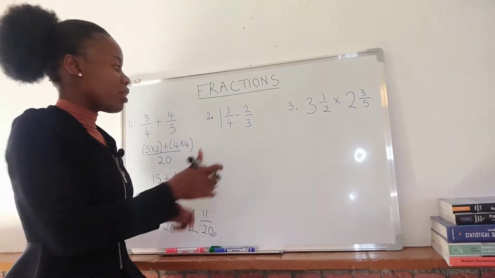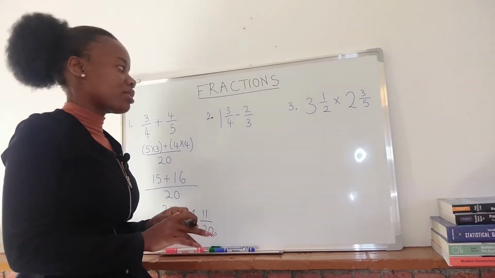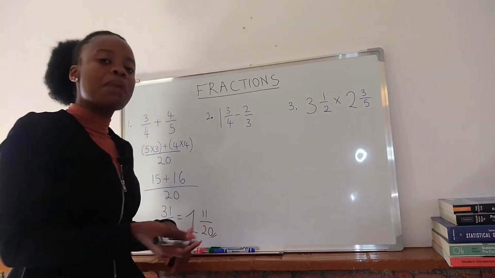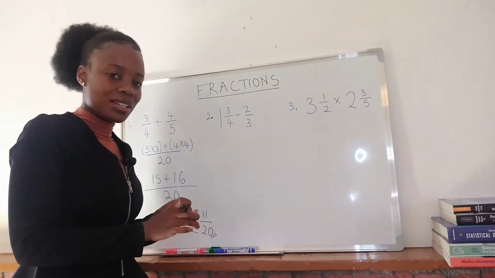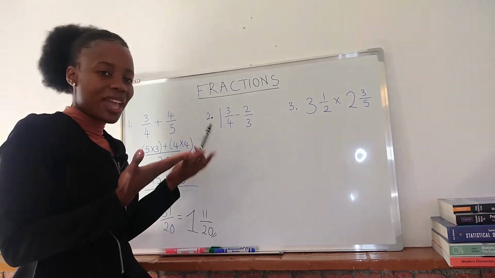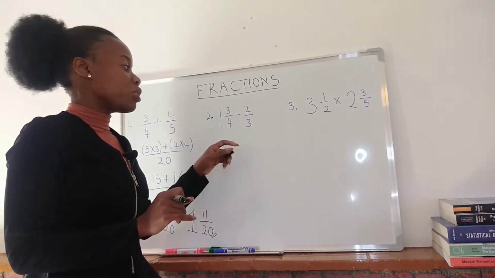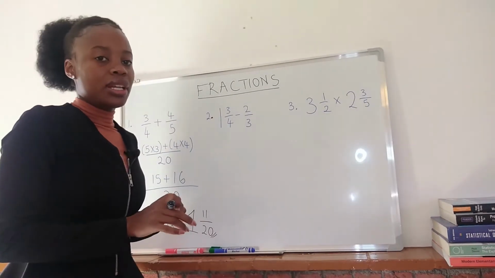Number 2, we have 1 and 3 over 4 minus 2 by 3. Okay, this is a mixed fraction. For you to subtract or add or multiply or divide mixed fractions, you are supposed to change them into an improper fraction.